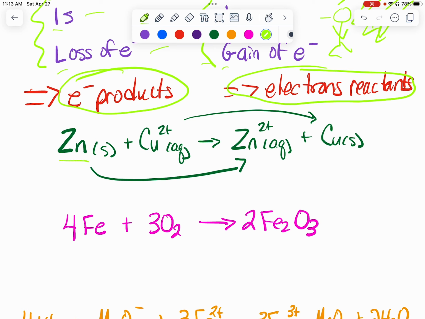In this example, you'll notice that zinc doesn't have a charge at all, and it's a solid. Well, isn't that how we find zinc in nature? Yeah. Anytime you have an element in its natural state, we assign it an oxidation number of 0. So you'll notice that copper is also in its natural state, okay? So that will also have a 0.